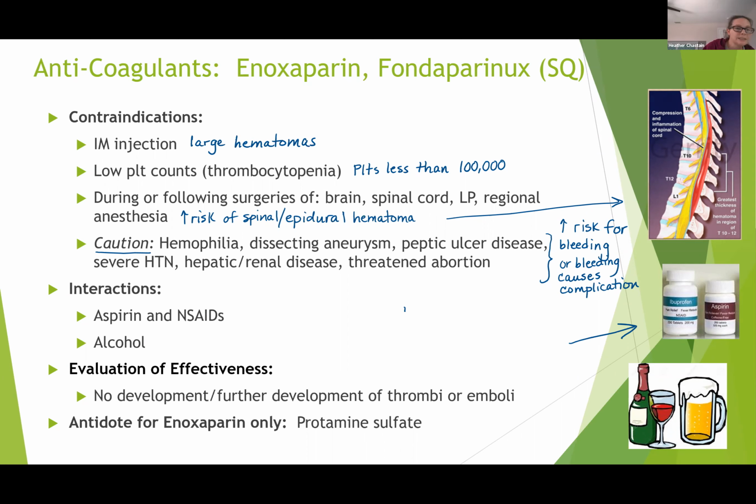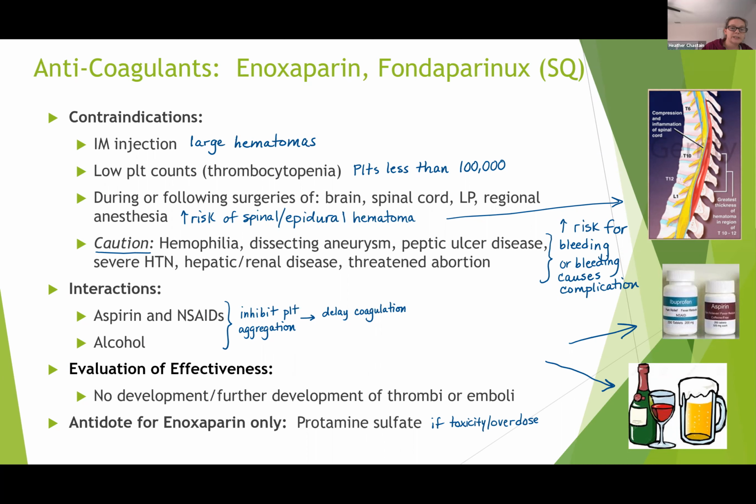So aspirin or NSAIDs, and alcohol, are interactions because they're going to inhibit platelet aggregation, which is going to delay coagulation. So evaluation of effectiveness, just like with heparin, is no development or further development of thrombi or emboli.